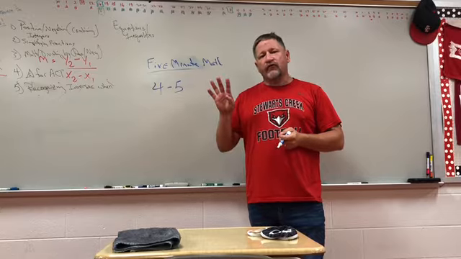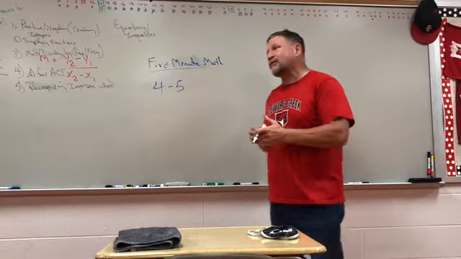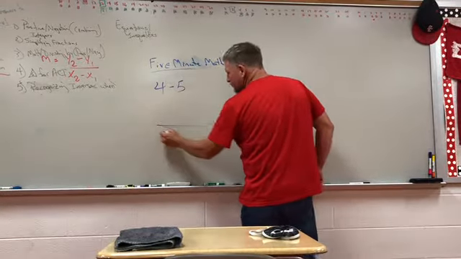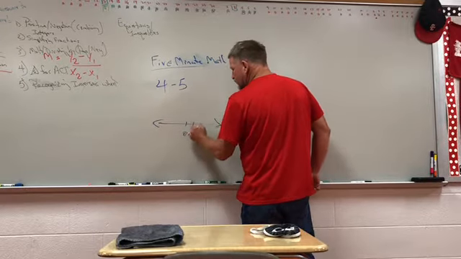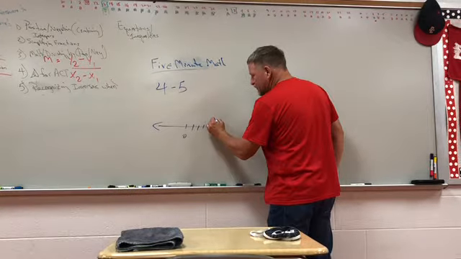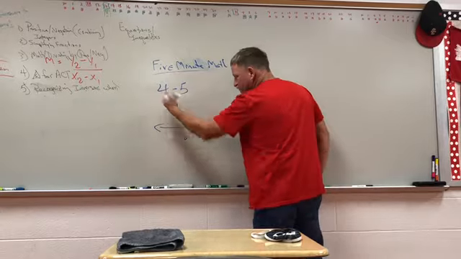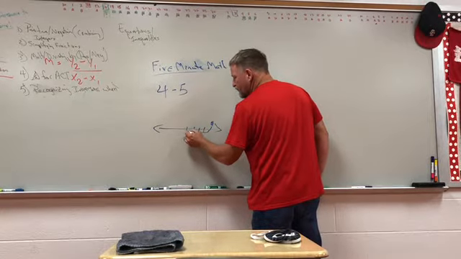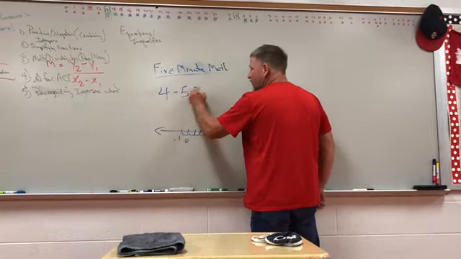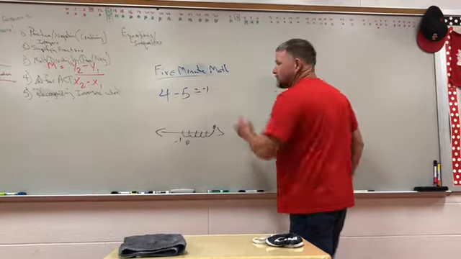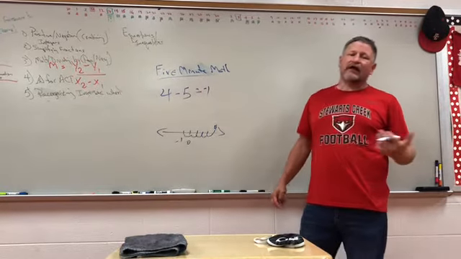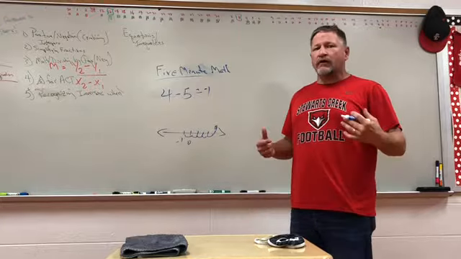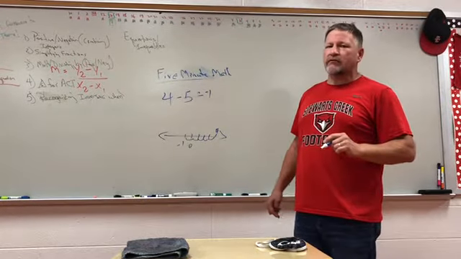You could start with 4, take away 5, and you realize maybe by a number line, okay, if we were to do this, start at 0, 1, 2, 3, 4, okay, here's my beginning place 4, and I go negative direction, 1, 2, 3, 4, 5, that gives me negative 1, okay? That's one way to think about it. We can do a number line. Now, you can't always walk around and think number line, but there's another way we could think about this.